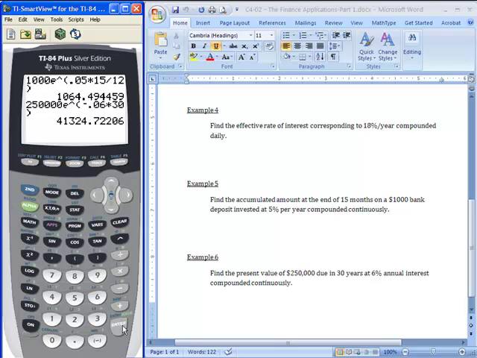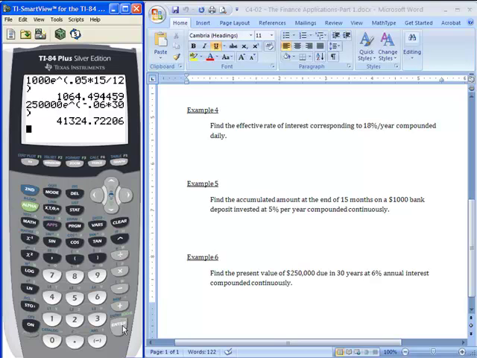So just to give you a little bit of insight into what this problem could be, let's say that you purchased a home, a rather inexpensive home, and you got a mortgage as a result of however the purchase worked of $41,324.72. And your mortgage, for some strange reason, because they don't normally do this, has 6% annual interest with continuous compounding. It's that continuous compounding bit that's strange. And let's also assume that you never make a payment on it until the end of 30 years.